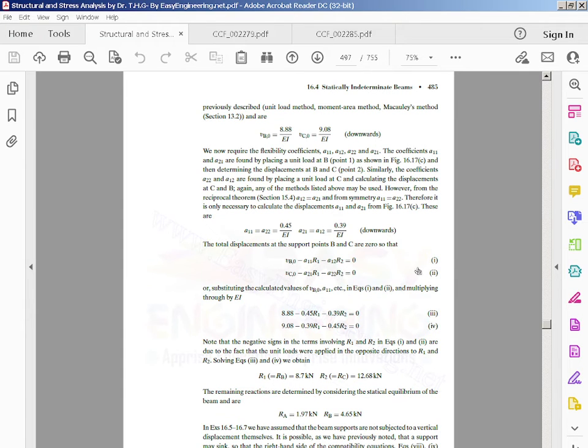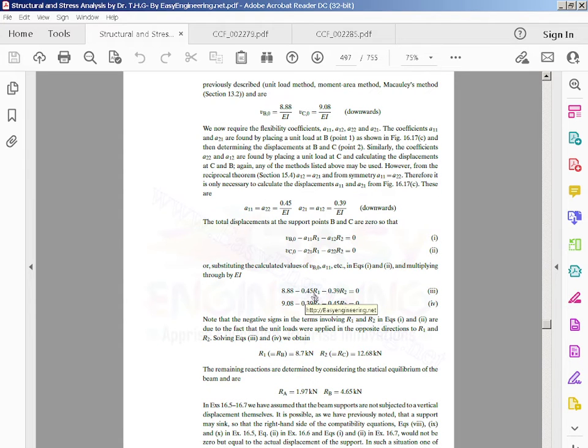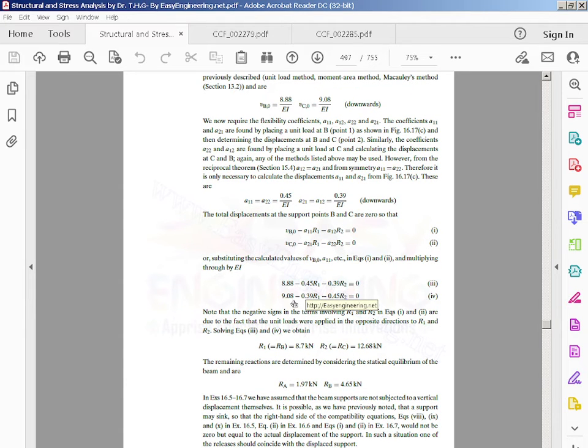So then you've got your two simultaneous equations. Substituting the calculated values of VB0, A11, etc. in equations 1 and 2 and multiplying throughout by EI, you've got 8.88 minus 0.45 R1 minus 0.39 R2 equals 0, and 9.08 minus 0.39 R1 minus 0.45 R2 equals 0.